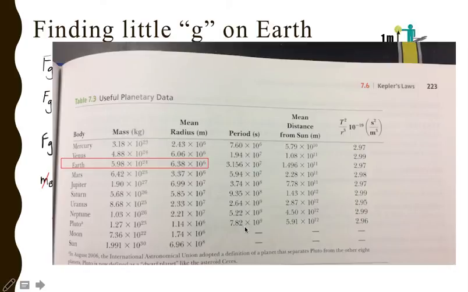You're going to need to use this table in your textbook to solve some of these problems. Right now we're going to use the table, on page 223 in the textbook, in section 7.6. We're going to need the mass of Earth and the radius of Earth, already given to us in our correct units, kilograms and meters.